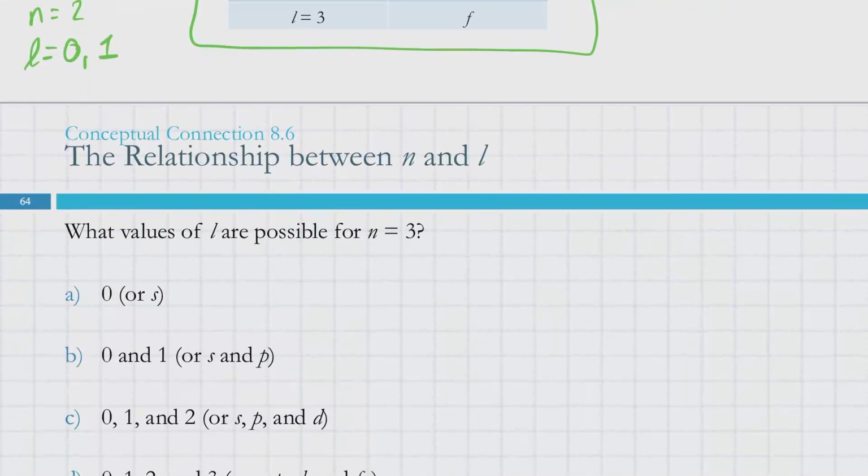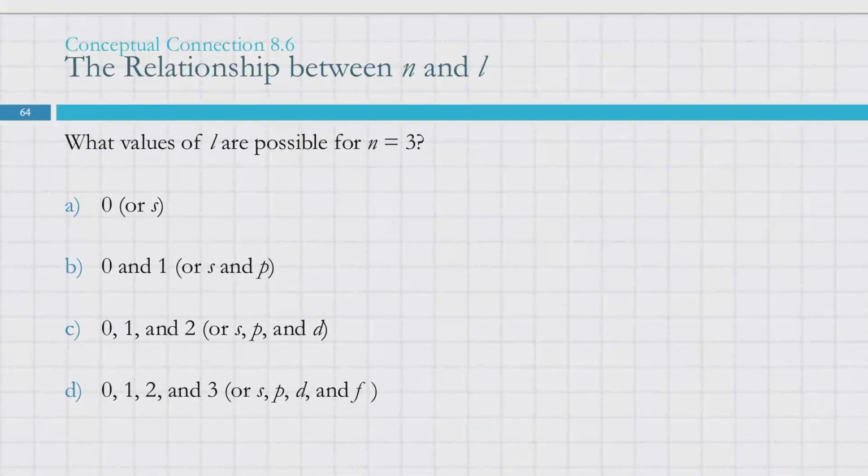Okay, so if we've got an n value of 3, what values of L can we have? What's our rule for L? What's our possible values? Who remembers? 0 to n minus 1.